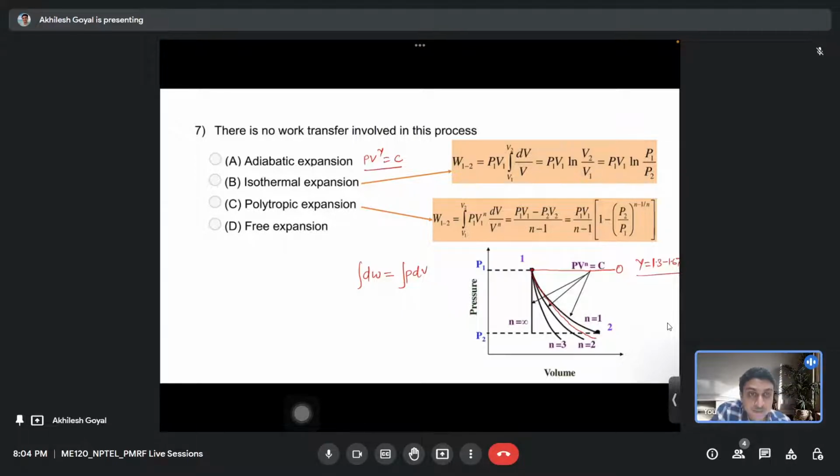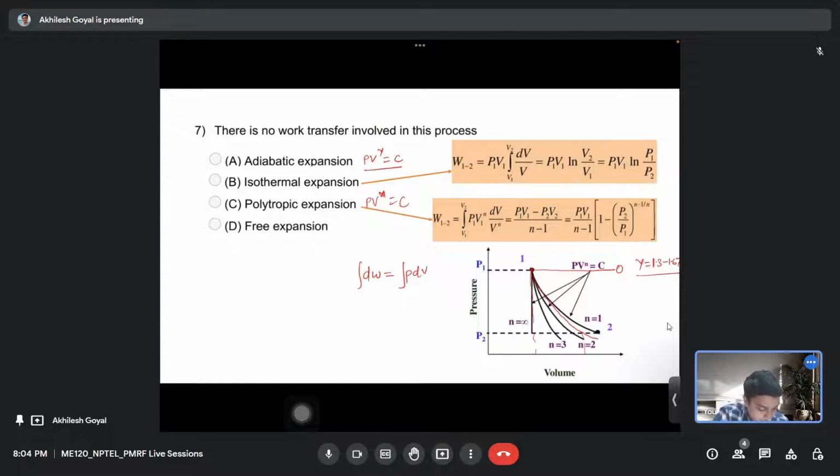The work done is defined here as the area under the curve, that is PdV. Also, the polytropic expansion follows PV raised to power n is equal to constant.